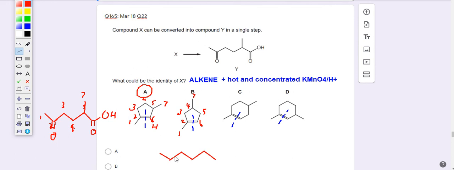Carbon number 7 is bonded to carbon number 4, so add one more here. Now I number the carbons again so that we can see what happened to each of them.